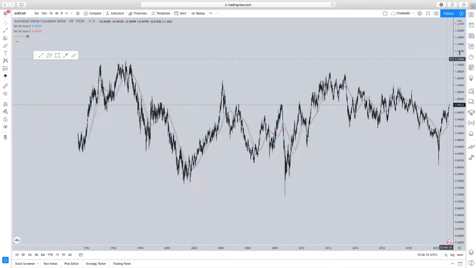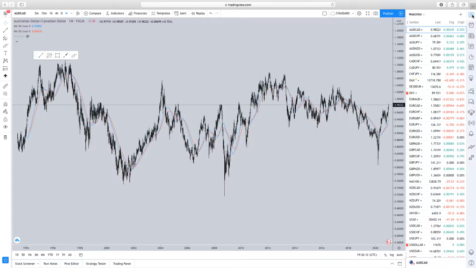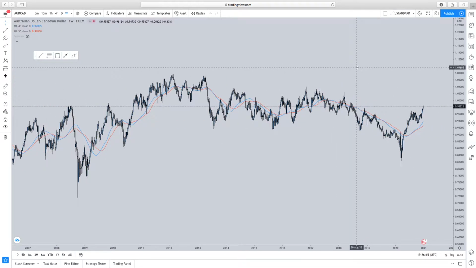So AUD CAD is the first one on my watch list, so let's have a look.